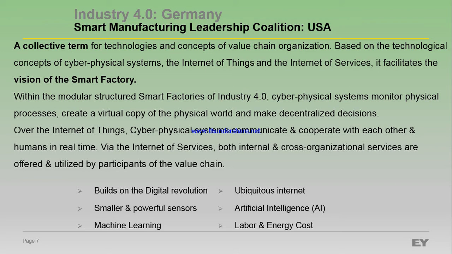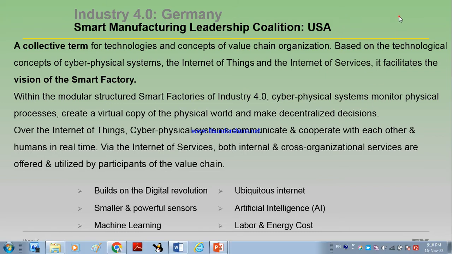So basically, Industry 4.0 is a collective term for technologies and concepts of value chain organization, and it is based on various technological concepts and information technology, internet of things, and various internet services, automation, cyber security, etc.